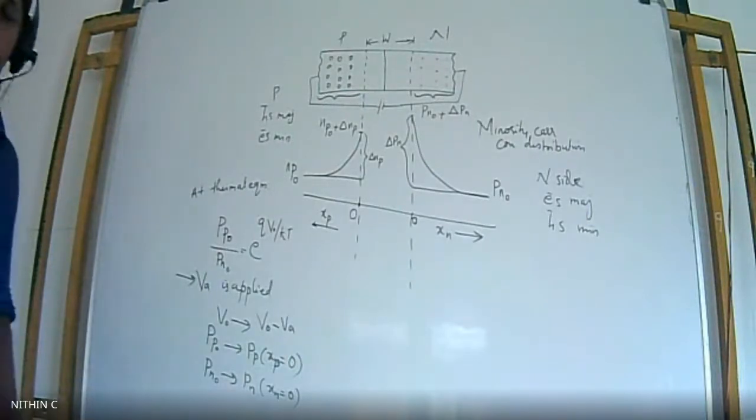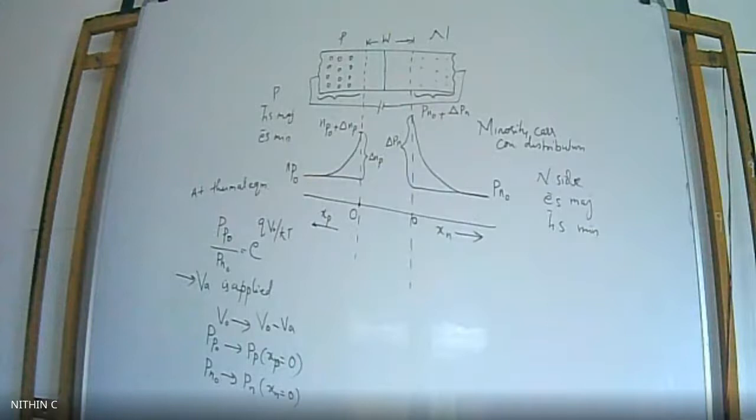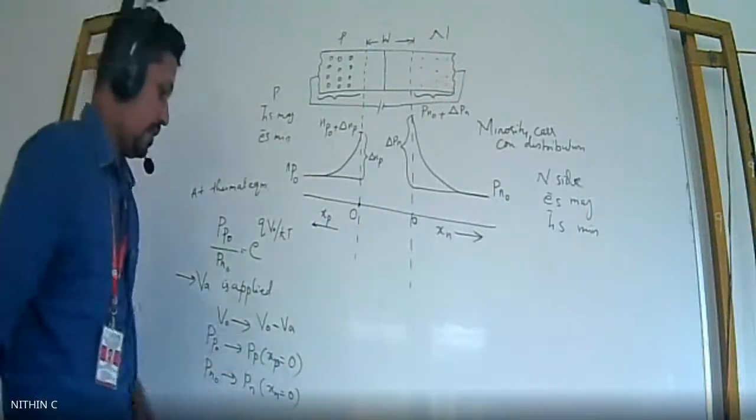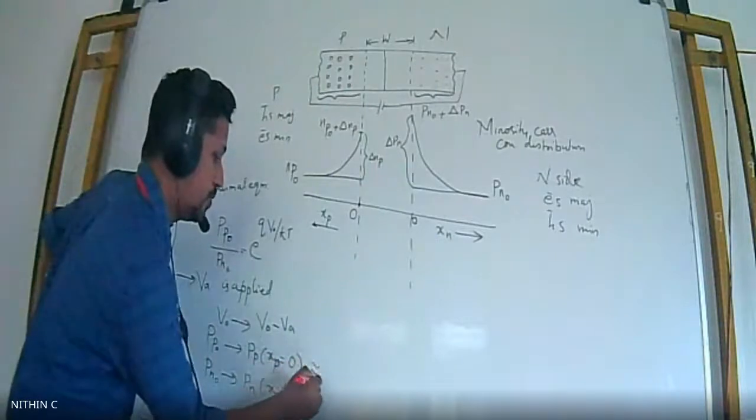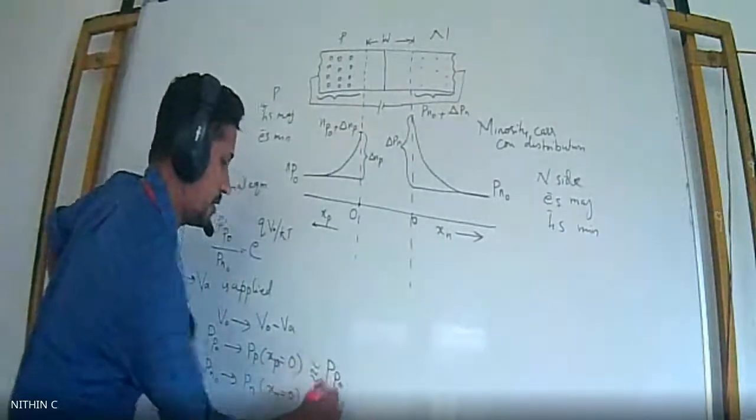But as per our fifth assumption, right? The fifth assumption was related to low level injection. As per our fifth assumption, we know that low level injection is happening when the diode is forward biased. So Pp at xp equals 0 will be equivalent to Pp naught. Why?